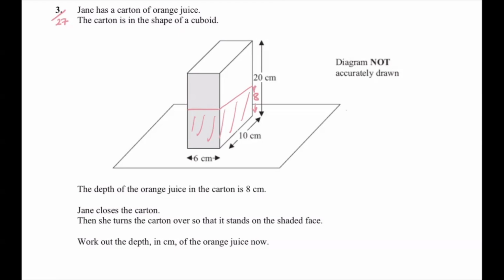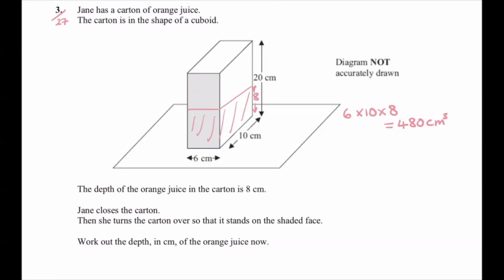So the base is 6 times 10, times that through by the height of 8, and you would end up with 480. So we know that there are 480 cubic centimetres in the carton.